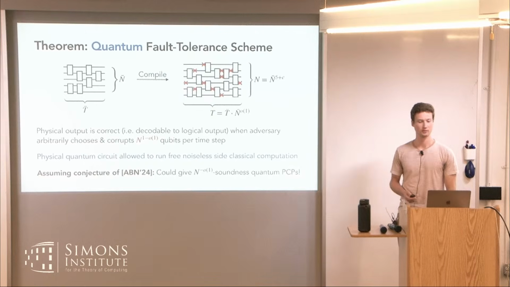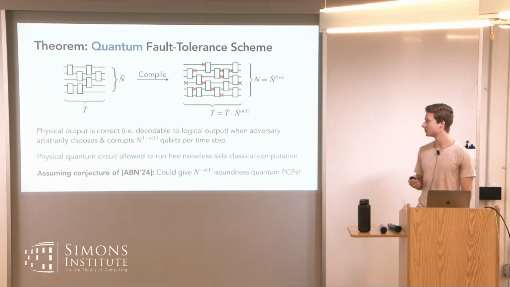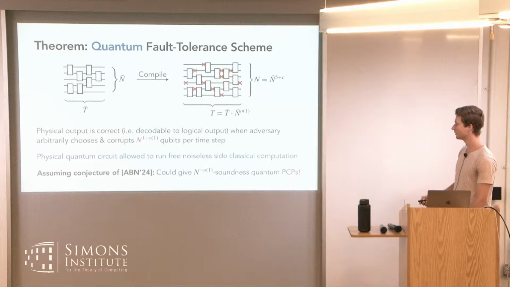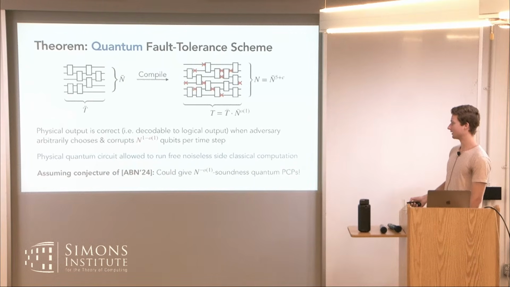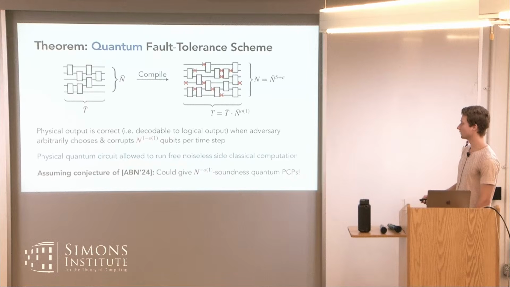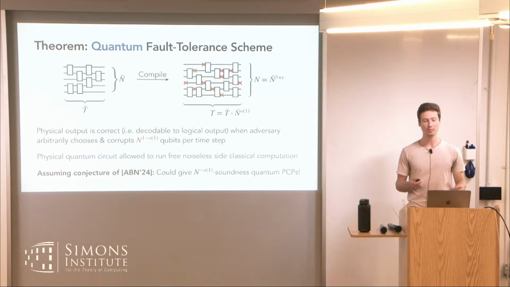Cool. The motivation of PCPs is this: assuming one conjecture that is still wide open and very interesting, this quantum fault tolerance scheme could give us some quantum PCPs with non-trivial parameters, with subpolynomial soundness.